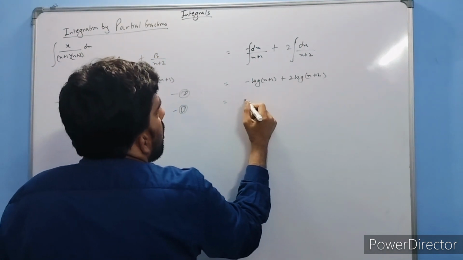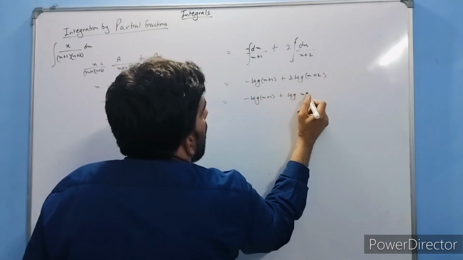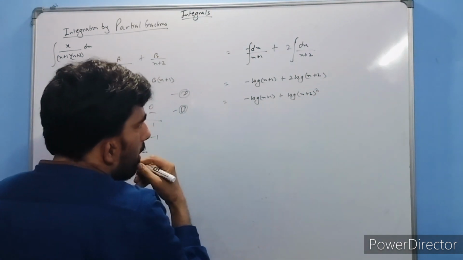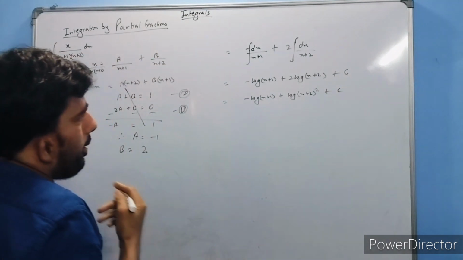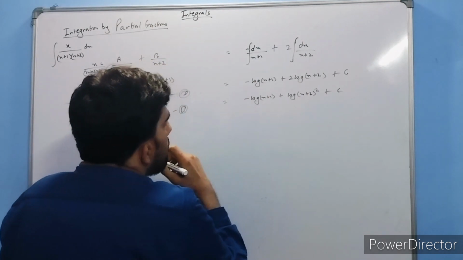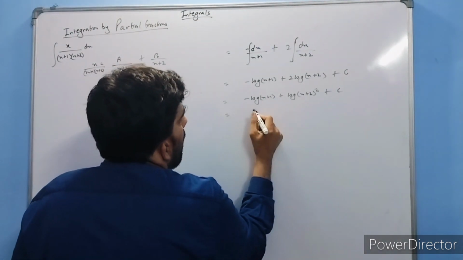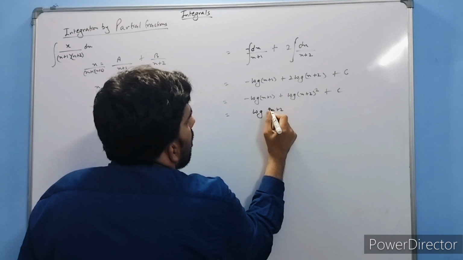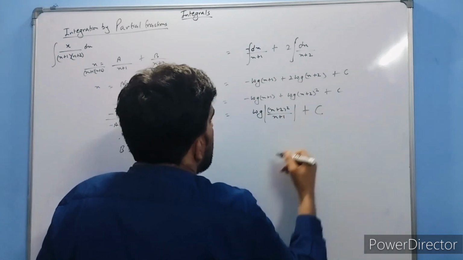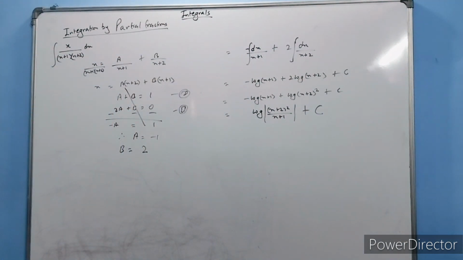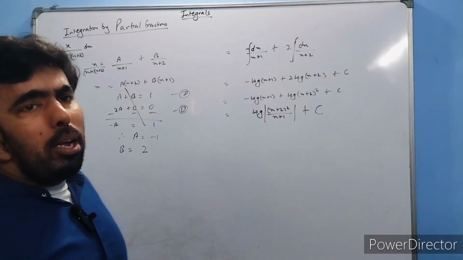That can be written as minus log of x plus 1 plus log of (x plus 2) whole square, plus C. Using log a minus log b, I can write it as log of (x plus 2) whole square upon x plus 1, plus C.